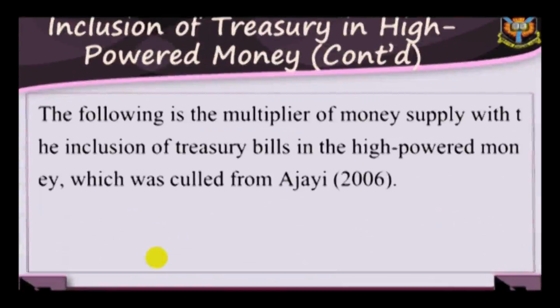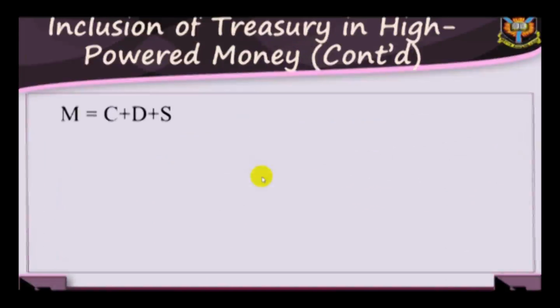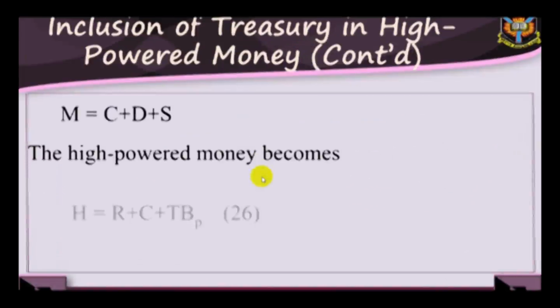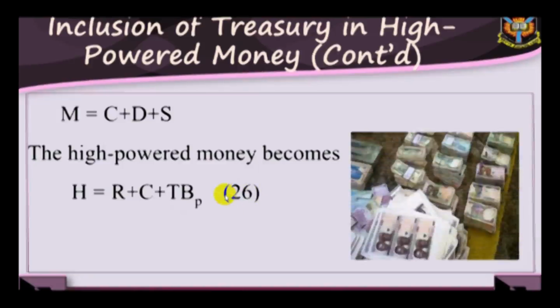M equals C plus D plus S. The high-powered money becomes H equals R plus C plus TB, where R and C are defined above. TB naught is the value of treasury bills held by the public.